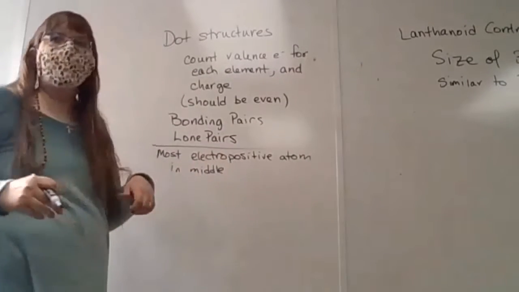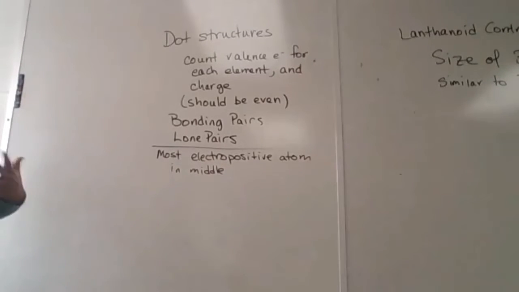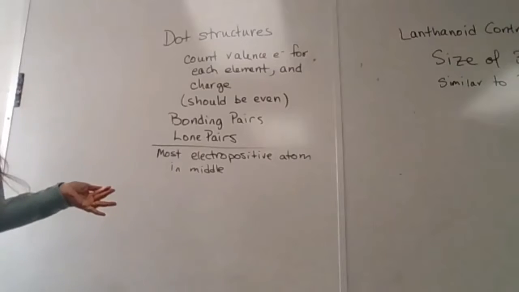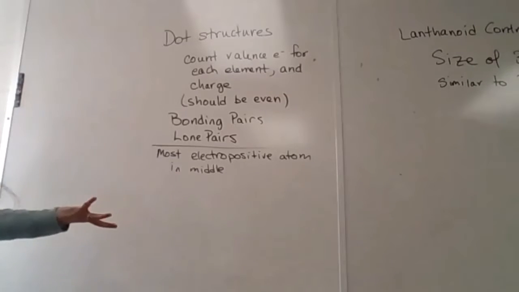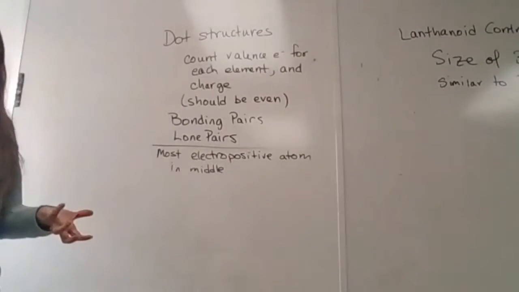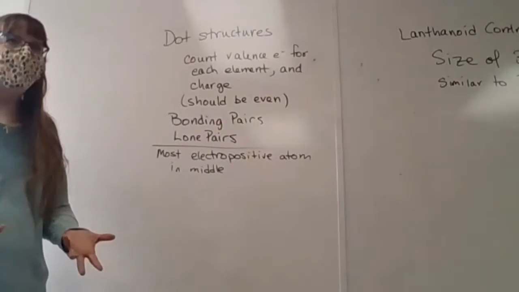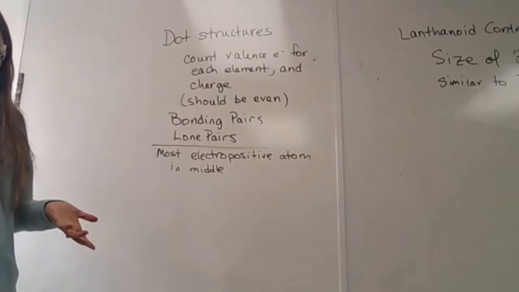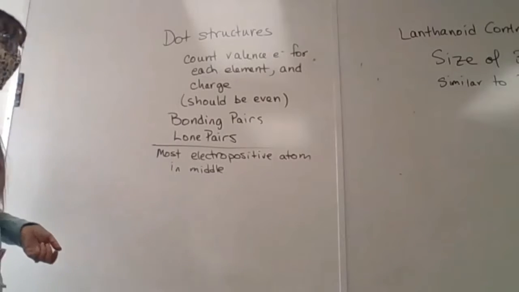So electropositive is the opposite of electronegative. Again, if I think of nitrate, oxygen is right next to fluorine and nitrogen is one further away. So nitrogen is less electronegative than oxygen. So nitrogen goes in the middle. The exception to this is hydrogen, because hydrogen can't form multiple bonds, so it can't be in the middle.